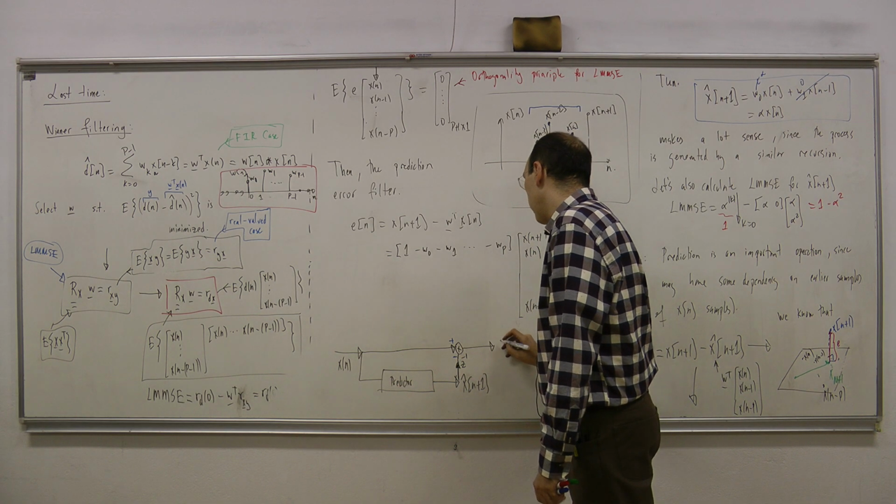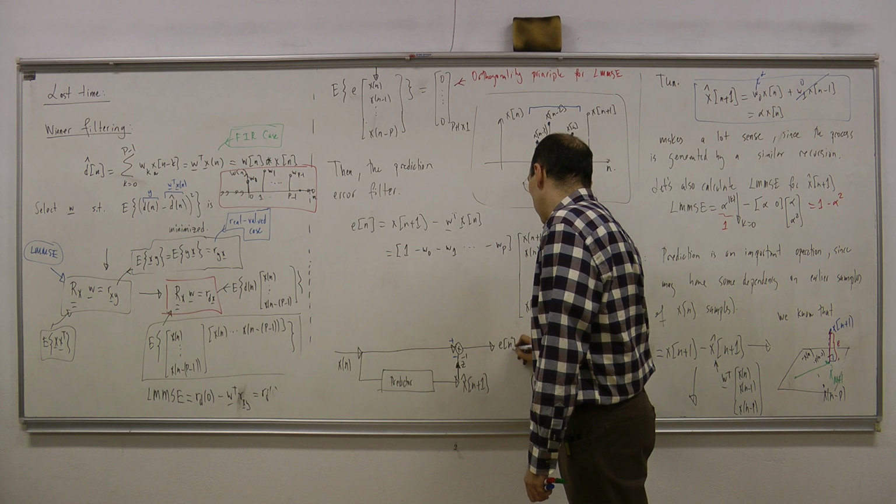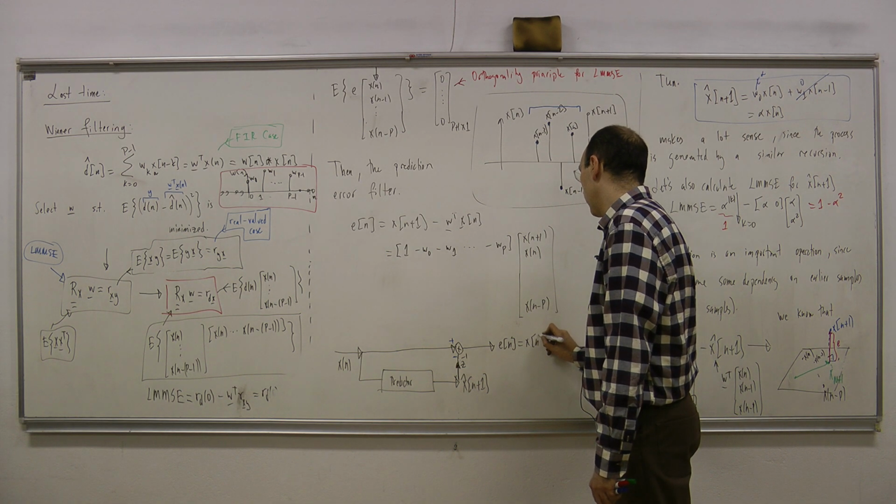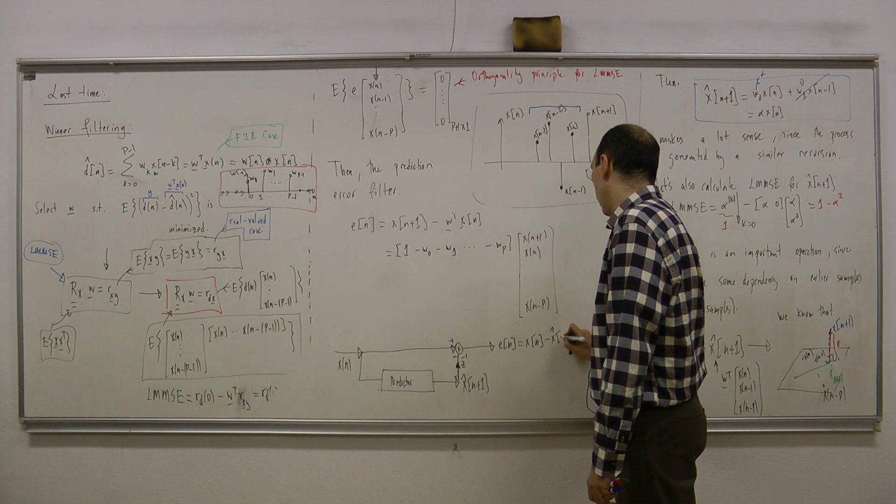So this is then the error. Then this is x of n minus x hat of n.